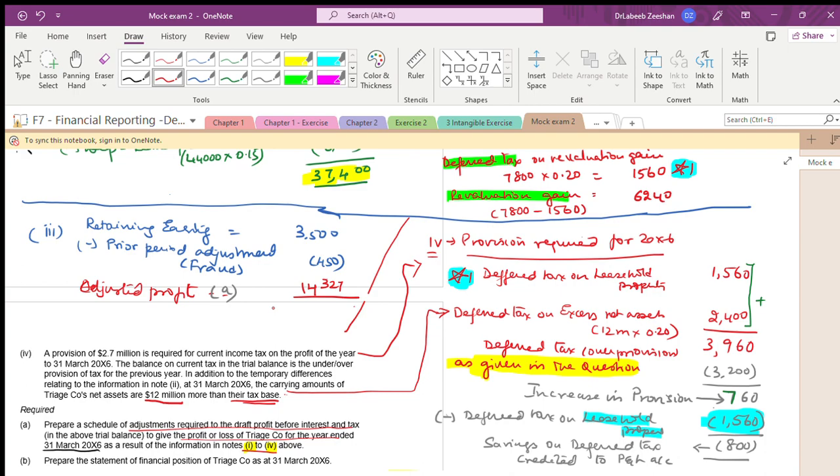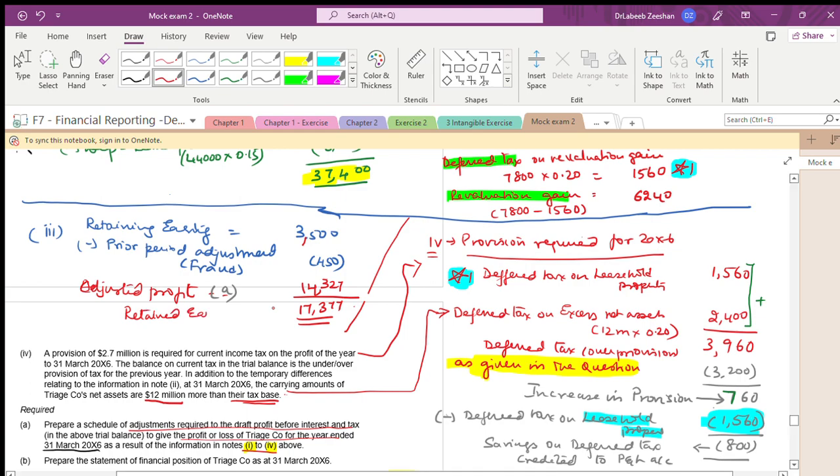Plus 3,500 plus 14,327 minus 450 gives 17,377.